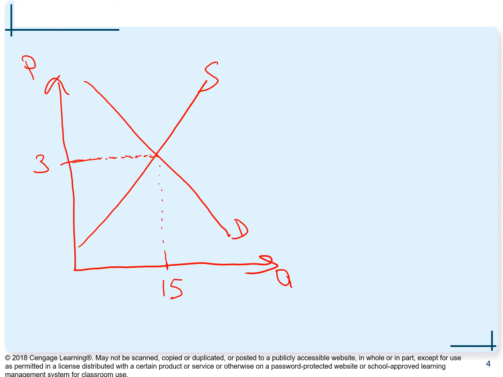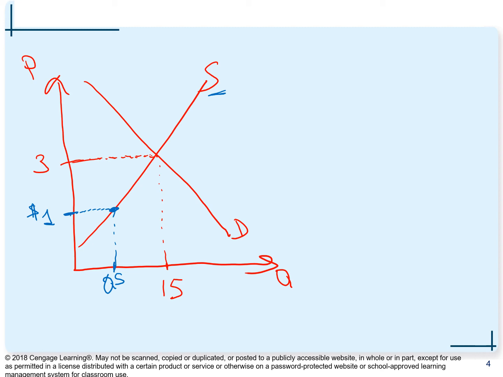And for whatever reason, let's suppose that the price on the market is going to be lower than equilibrium, at the level of $1. So what kind of situation do we have on the market? At this price level, I'm meeting with my very first curve because I met with my supply curve. Therefore, over here, I will have quantity supplied, and this is going to be exactly equal to, what was that number? Quantity supplied at the price of 1.